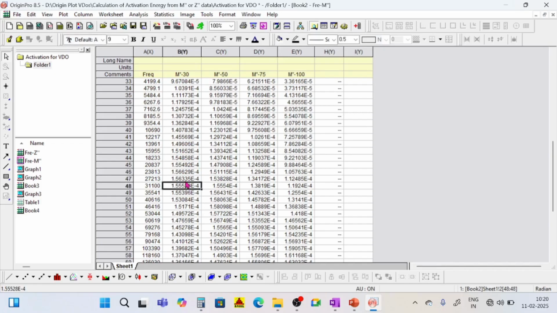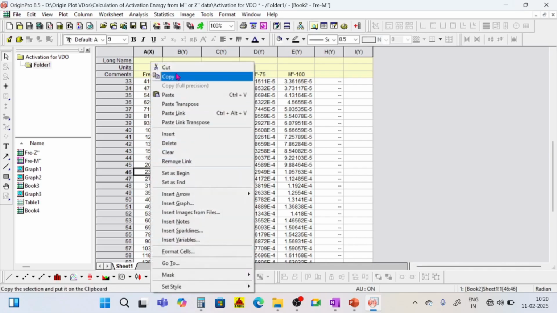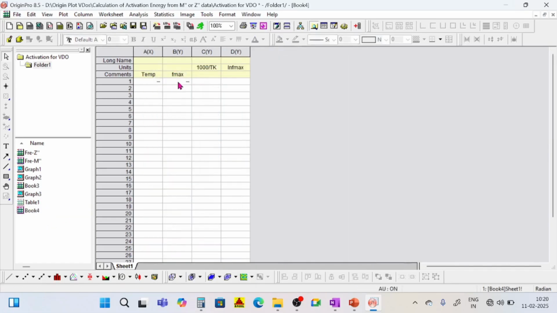So here this value, 1.566233, is the highest value, the M double prime peak value, and the corresponding frequency is 2381. You just copy this one and paste it over here. And these are the temperatures, 30, 50, 75 and 100.